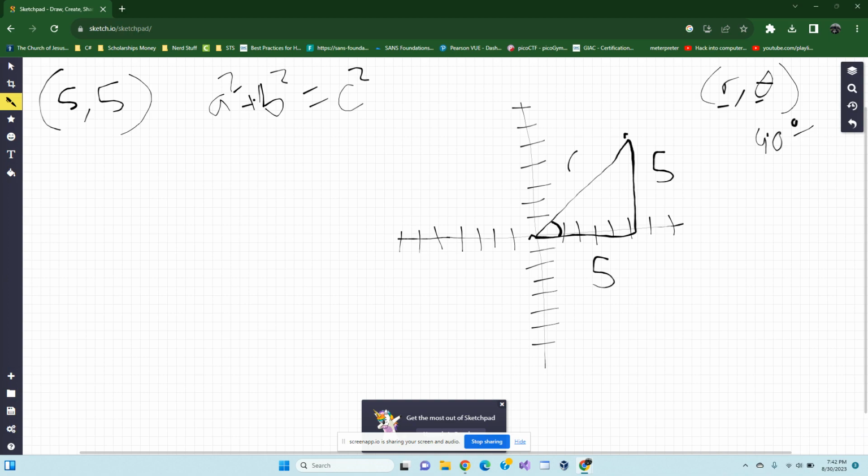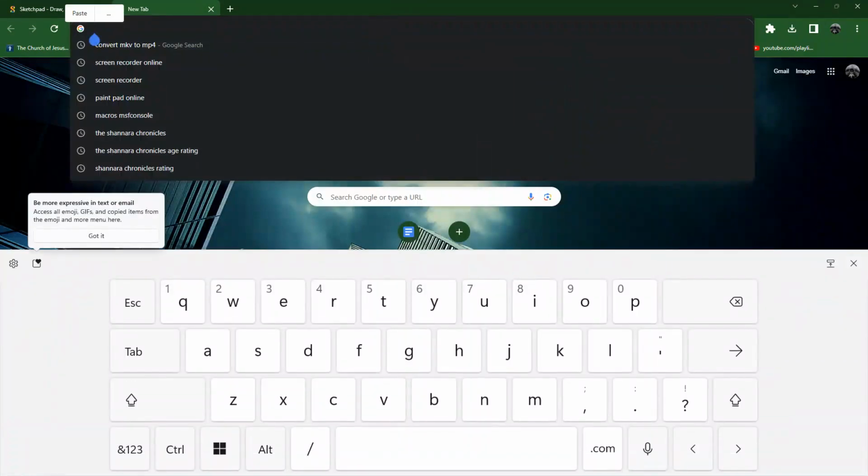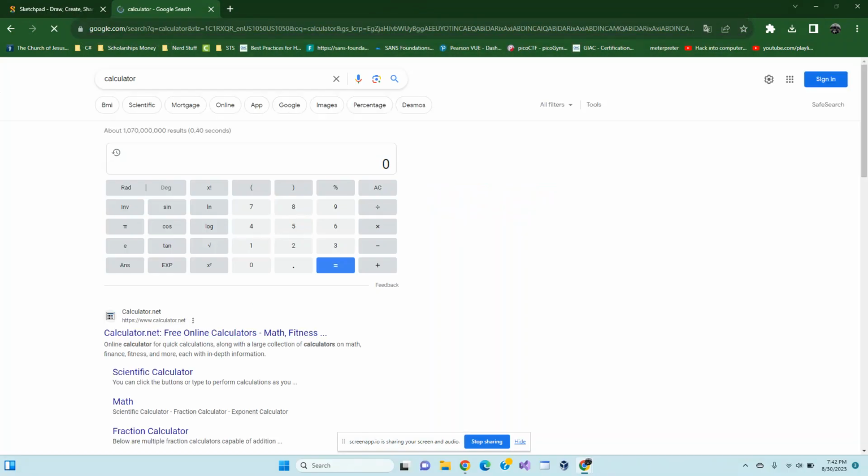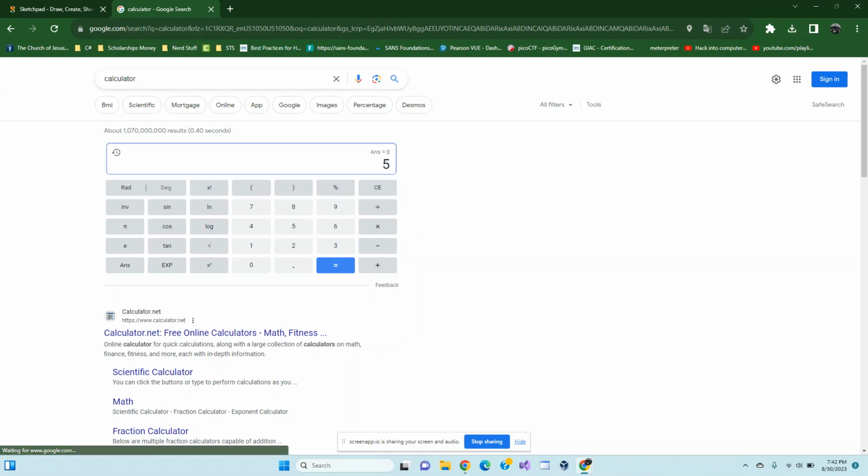So let's go to a calculator. We would do 5 times 5, because that's what 5 squared is, plus 5 times 5, and we have 50. I'm looking for a square root. Okay, there it is. So the square root of 50 is 7.07.